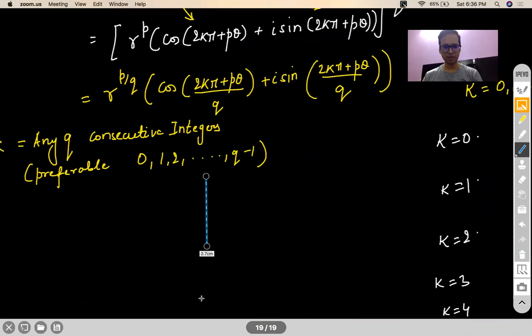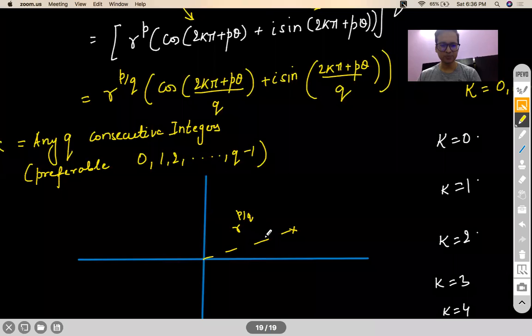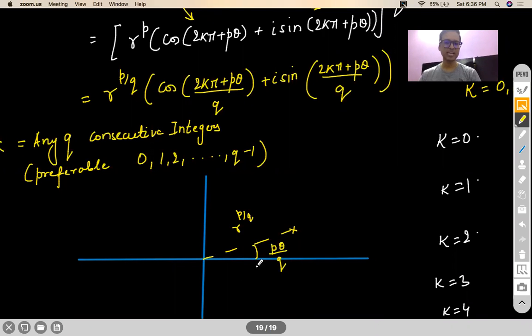See, if you see here what is happening, then the first root is located at a distance of r to the power p by q and at an angle of p theta by q. This angle is p theta by q, where r is nothing but the modulus of the given complex number whose power you are raising, right? So when you're raising z to the power p by q, this r is the modulus of this complex number.